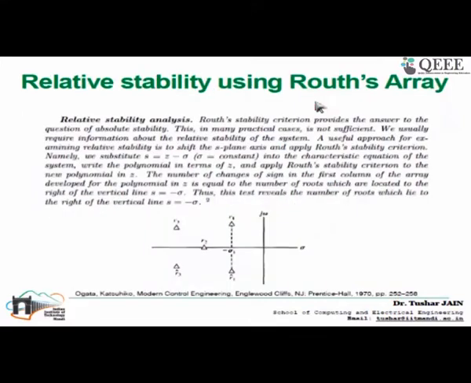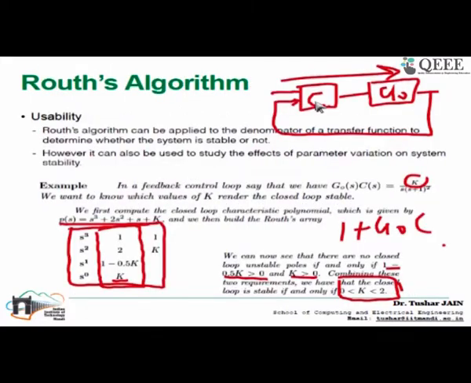So the relative stability analysis, this is what I was talking about, that here in the last one we actually constructed the controller. Okay, we determined how the stability is going to be affected with respect to the value of K, first thing.